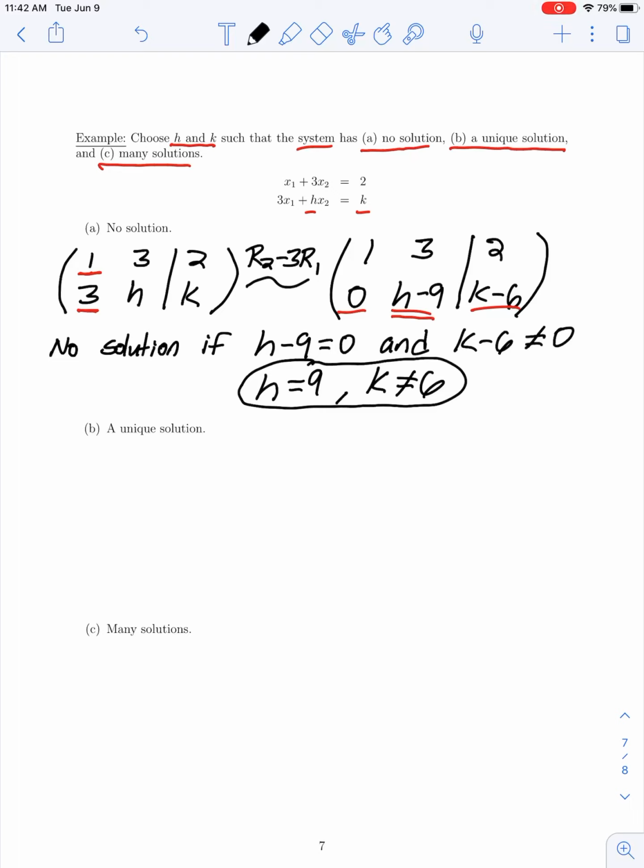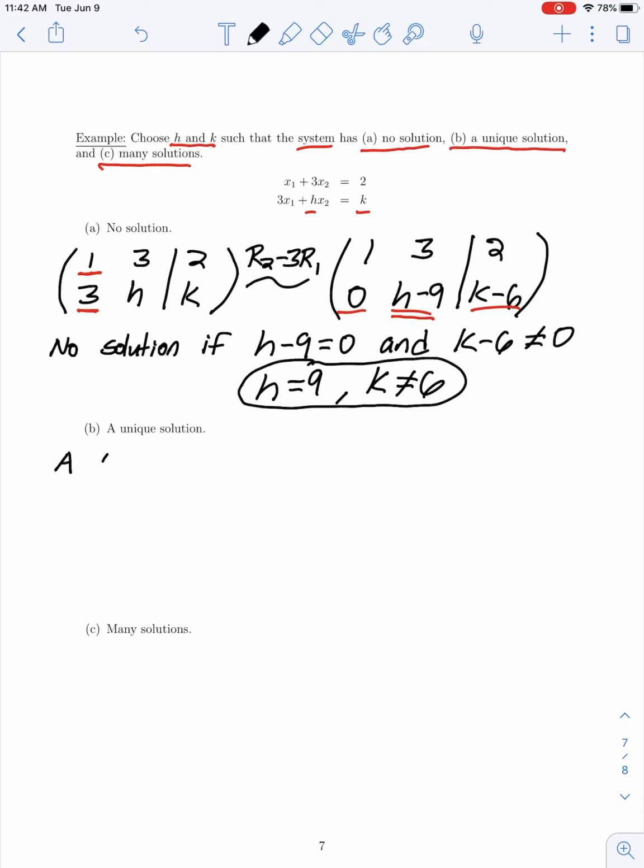Now in part B, we are asked what the values of h and k are where we would have a unique solution. That is only one solution, which means that we should not have any free variables. So let's think about this. We need to have a unique solution.